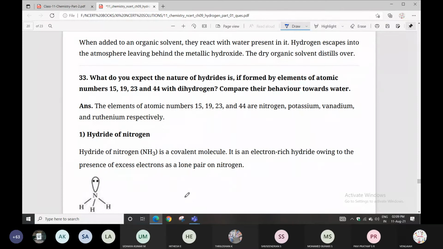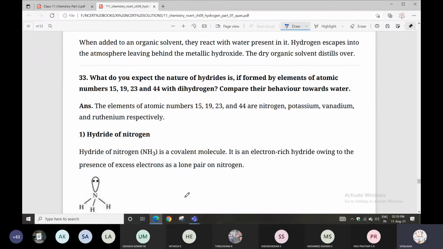Next one is the hydride of the first element. The hydride is a covalent molecule. It is an electron-rich hydride owing to the presence of excess electrons as a lone pair on the central atom, so a lone pair of electrons, that is, excess electrons, will be there.